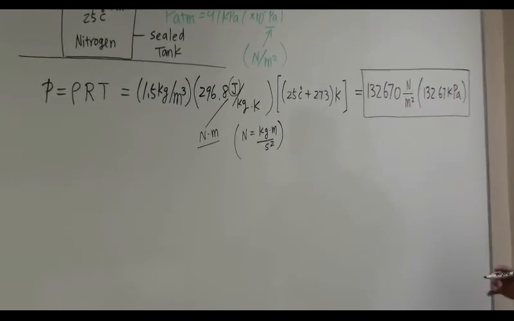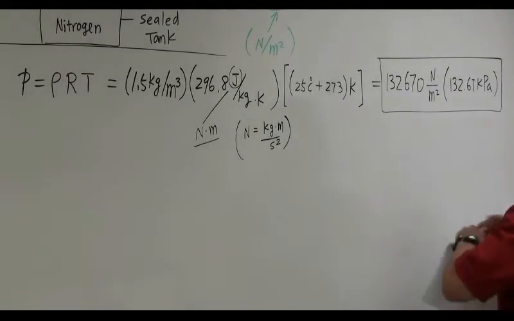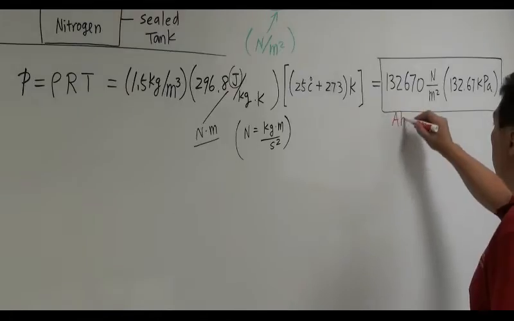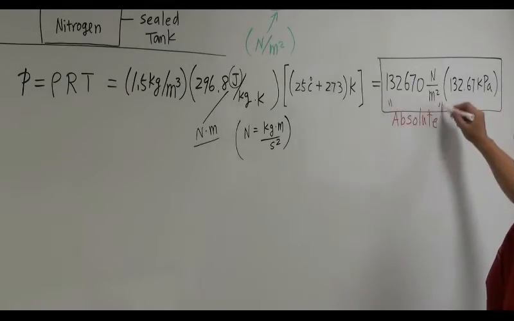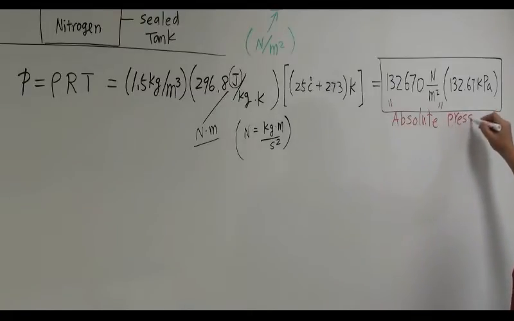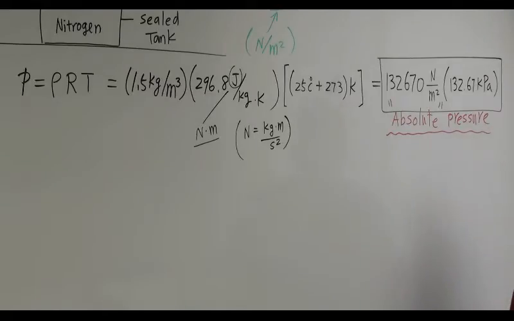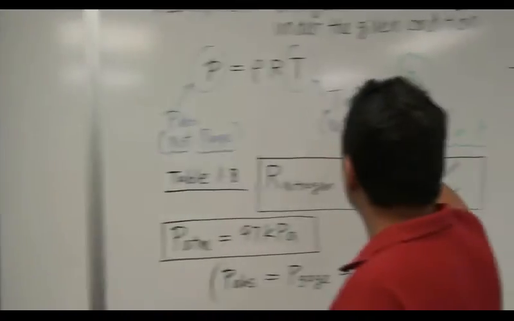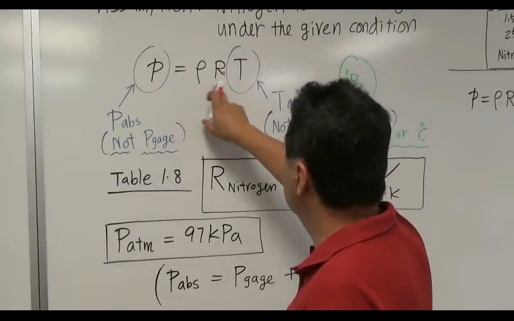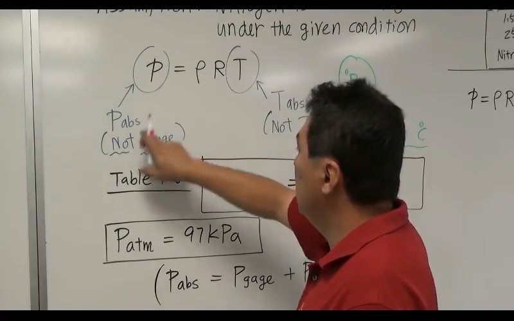But wait, this is not the answer. What kind of pressure is this? This is absolute pressure. That's not what the problem is asking you. Let's go back once again. Since you're using absolute scale temperature, gas constant and density, if you use P equal to rho RT, what you get is absolute pressure.